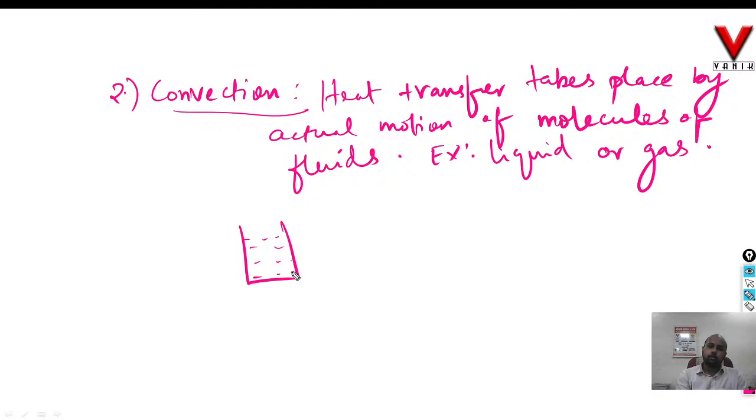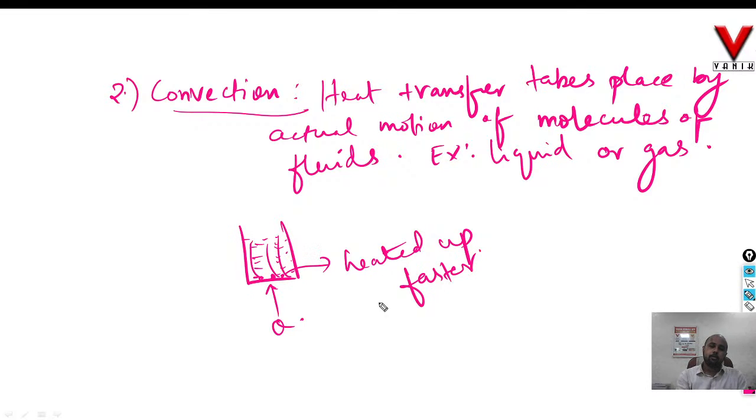I have water molecules and I am applying some heat over here. These molecules on the bottom surface will get heated up faster, become lighter and move to the surface. Surface particles will come to the bottom, get heated up and again move up. Actual motion is taking place. The same thing is happening in gas as well. So this is convection.